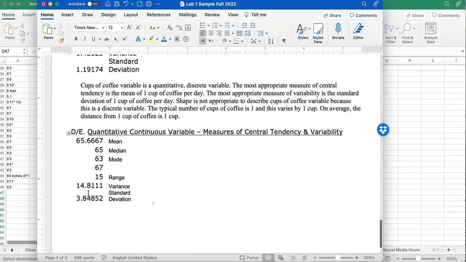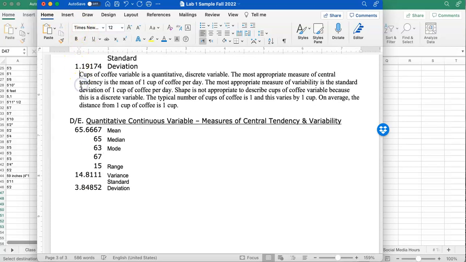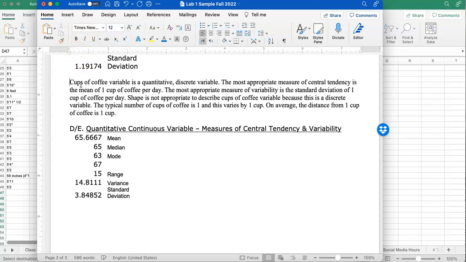And so let me just make another space here. Give it a little bit more room. All right, so the height variable is a quantitative continuous variable, right?